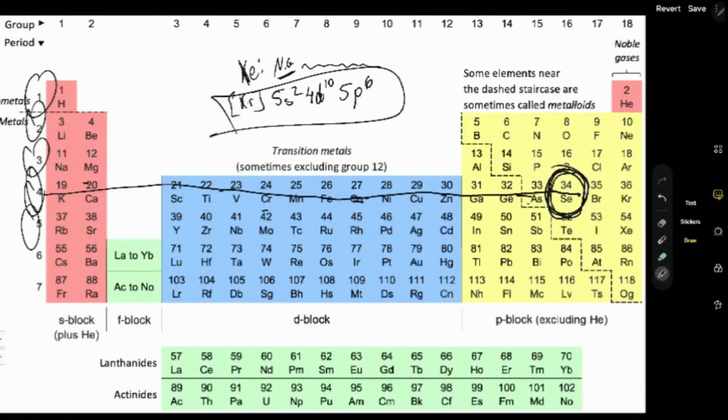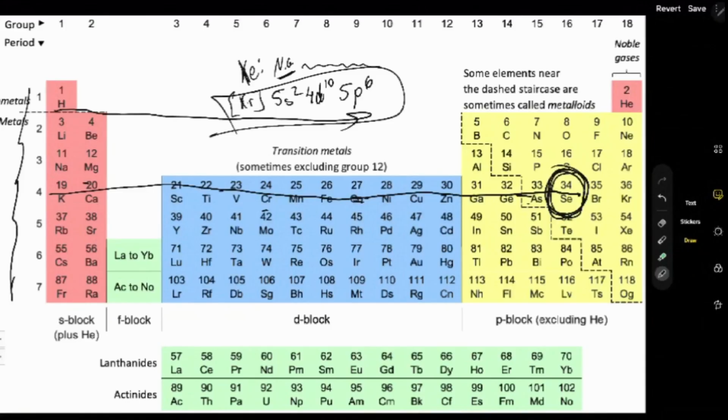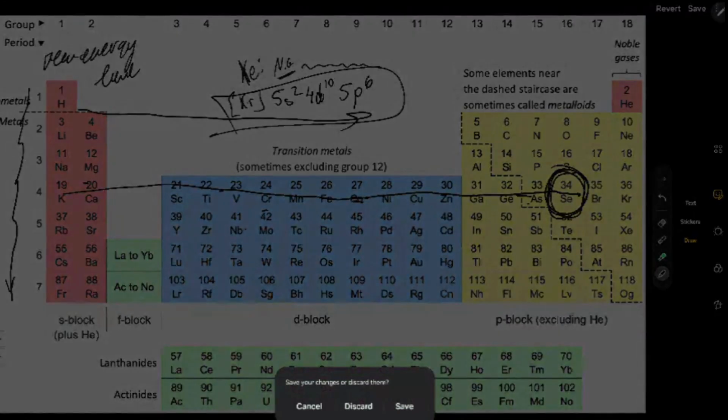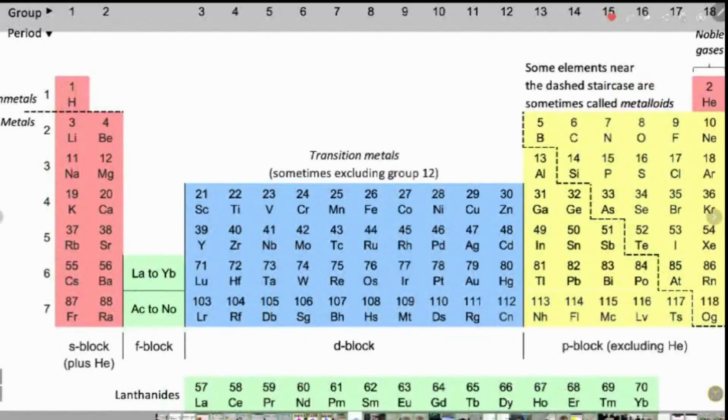Someone's going to say, oh, isn't this going down the period? No, going down the period means going from left to right. So as I'm going down the group, I'm entering new periods, right? As you enter a new period, each new period signifies the entrance of a new energy level.